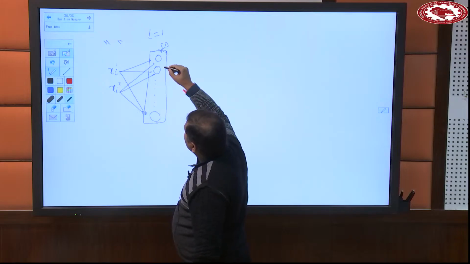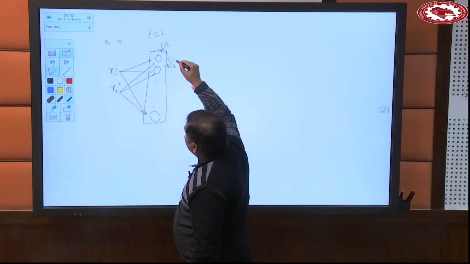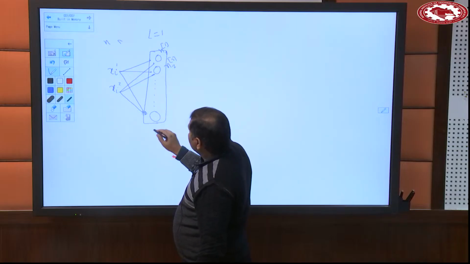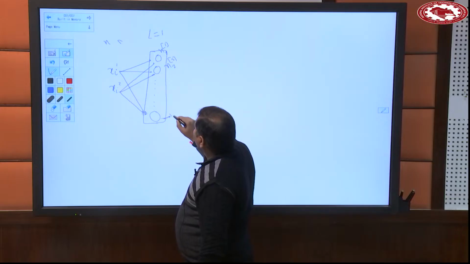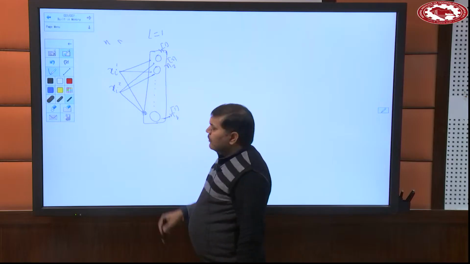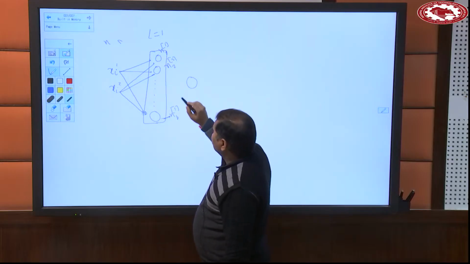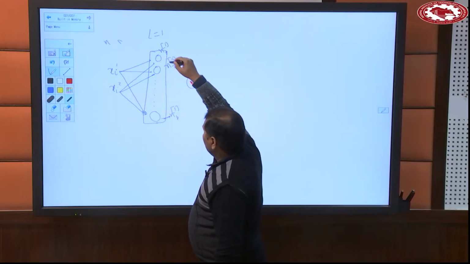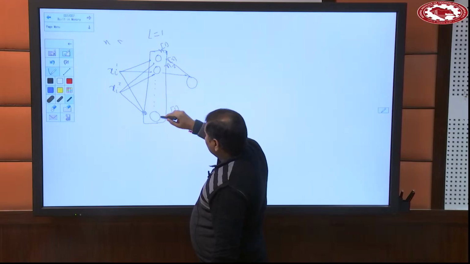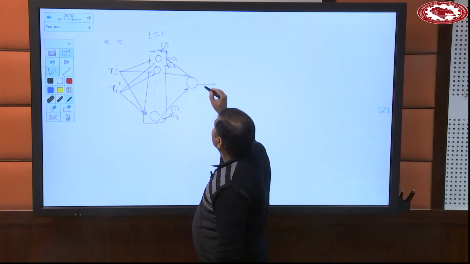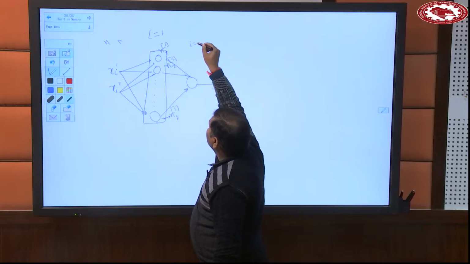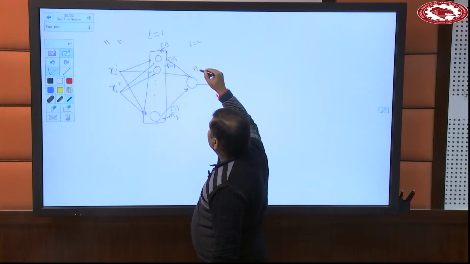Similarly, this is the second neuron. Likewise, let you have p neurons, so this is np of the first layer. Is it clear? You have a single neuron in the output, so this is layer 2.